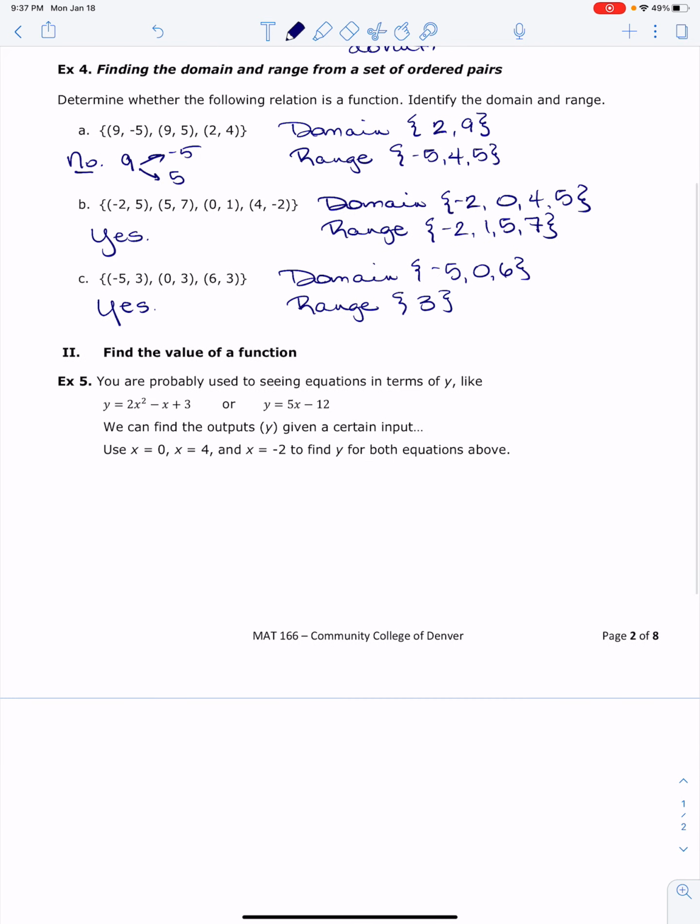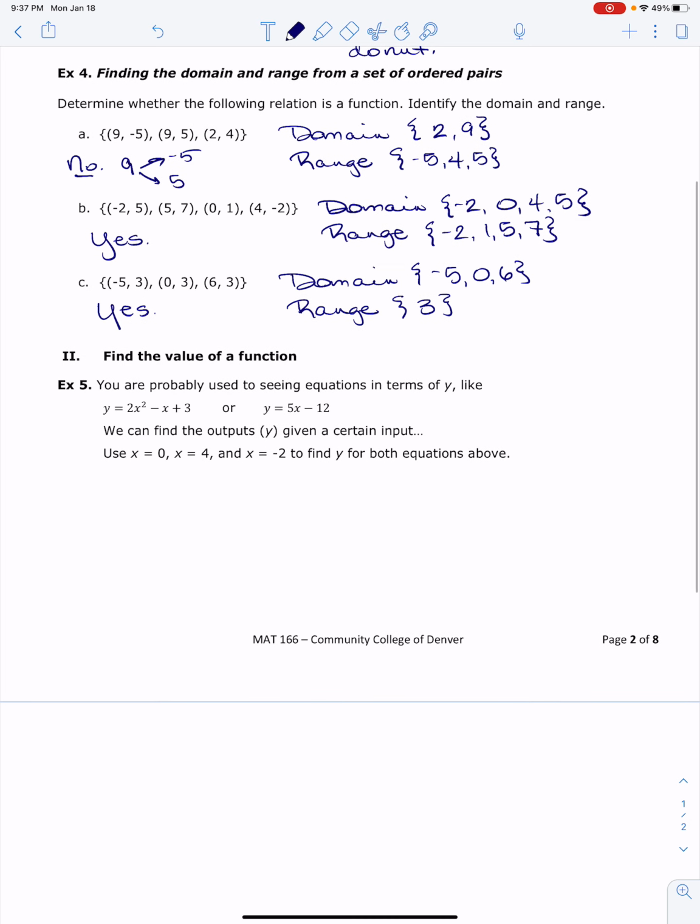Part 2 here, example 5. We want the value of a function. We're used to seeing things in terms of y equals. Okay. We need to be able to find an output given an input. So we want to know what y goes with a given x.